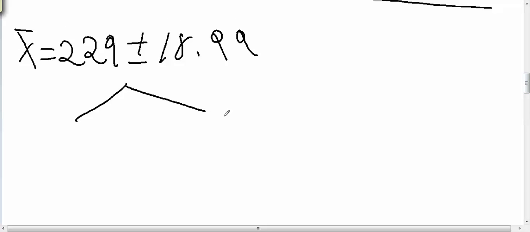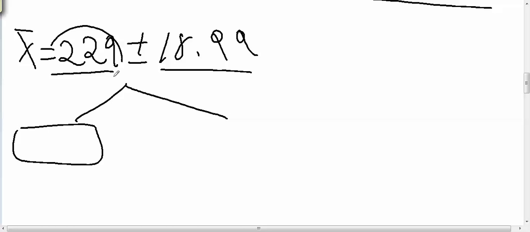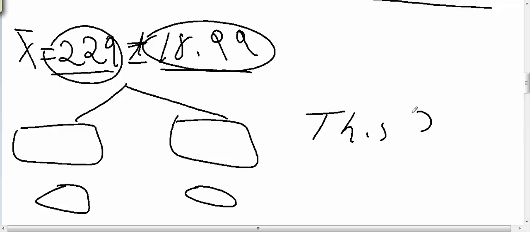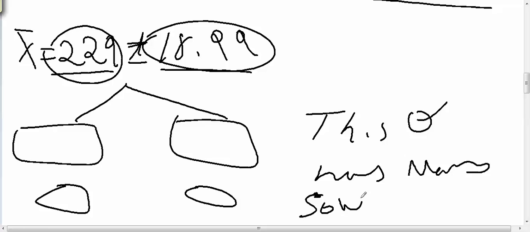You get the interval estimate, which is this minus this goes here, and that plus this goes here, and you will get the answer. And this question has many solutions.